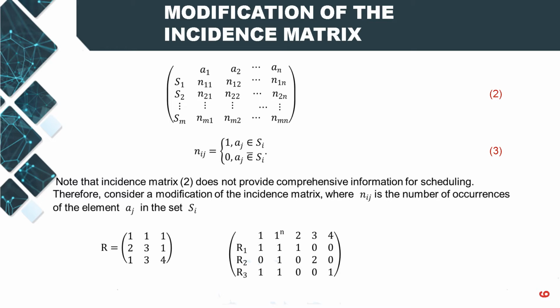Therefore, in this paper, we consider a modification of the incidence matrix where Nij is the number of occurrences of the element Aj in the set Si. You can see a small example for the scheduler matrix R. You can build such an incidence matrix, and you can find elements equal to 2 in the set row.